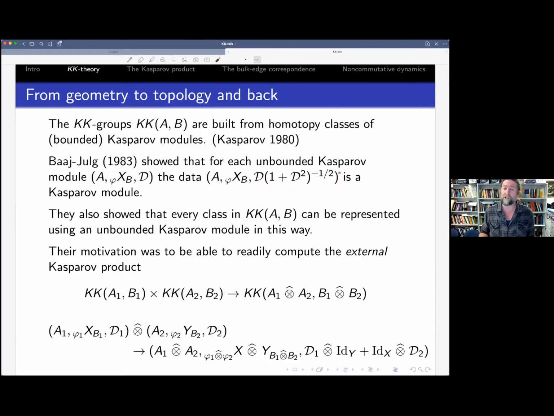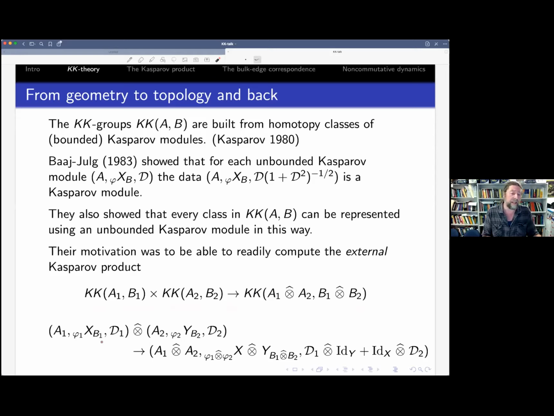And their motivation was to be able to compute sort of, if you like, the easy version of the Kasparov product. It's not entirely easy. It's called the external product. So you can see it's a map from two abelian groups to this abelian group. It should be bilinear. It's a very nice product.